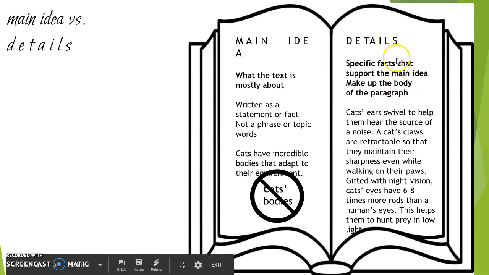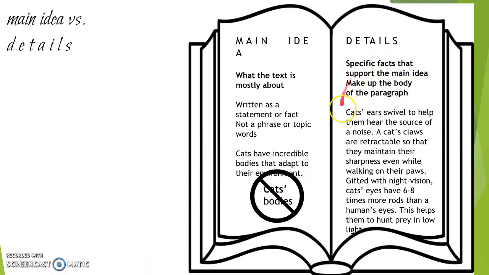And then details, it's when you are providing specific facts that support that main idea, that make up the body of the paragraph. So cats' ears swivel to help them hear the source of a noise. A cat's claws are retractable so that they maintain their sharpness even while walking on their paws.